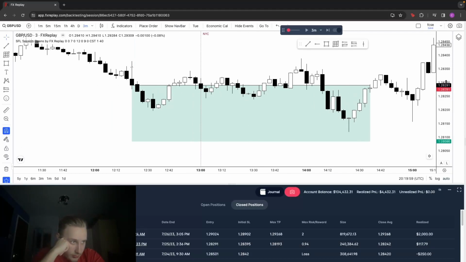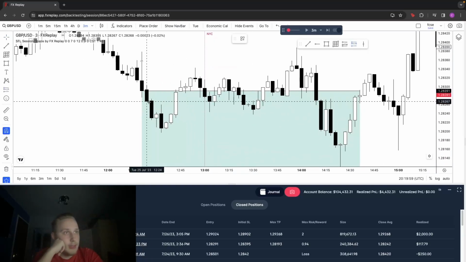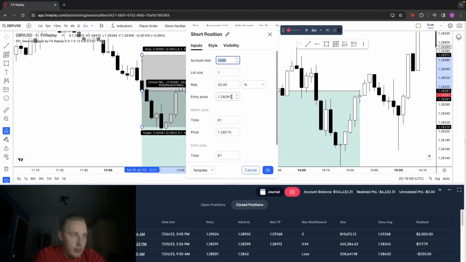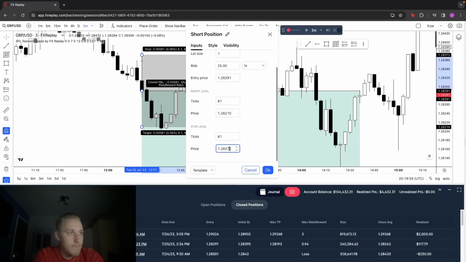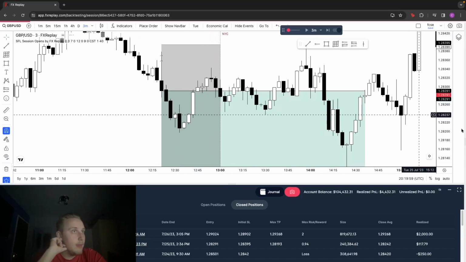So we entered at initial stop loss. Cool. Can put in these numbers then. So entered 291, initial stop loss 395. And then we would have had a 209. About that, 208. Yeah.